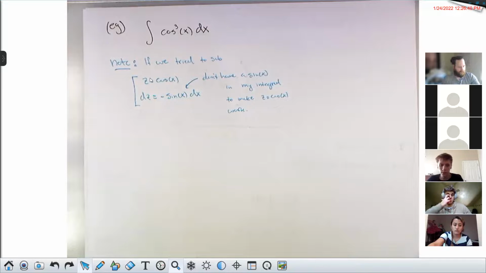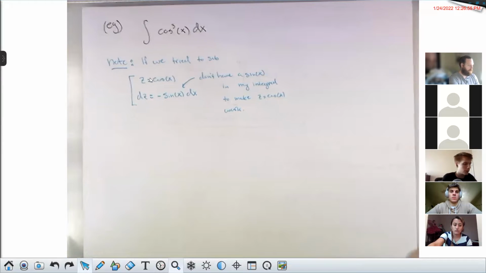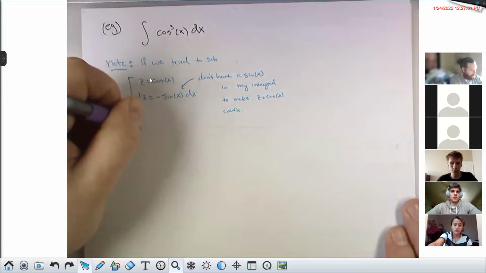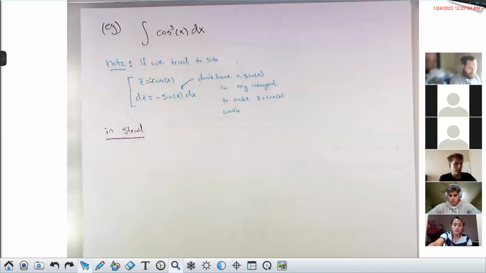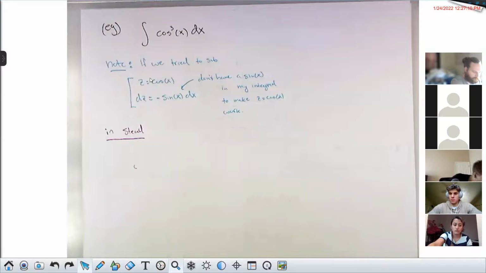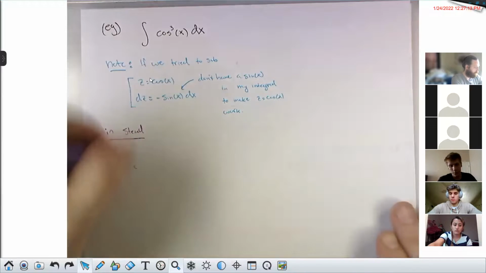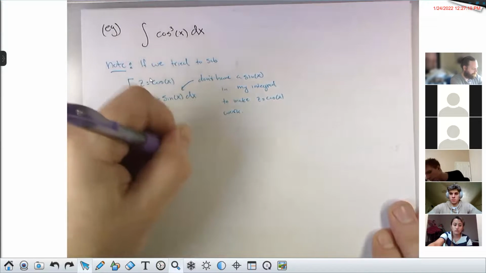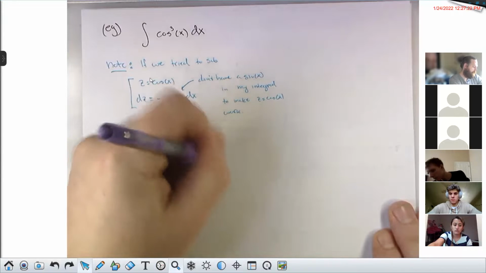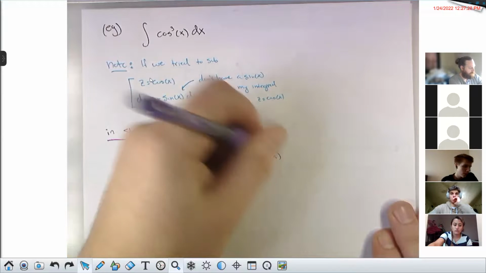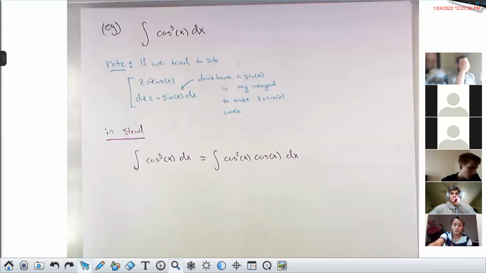One of the suggestions I received in chat was to factor out a cosine. So to write cos cubed instead as cos squared x times cos x, and dx still showing.